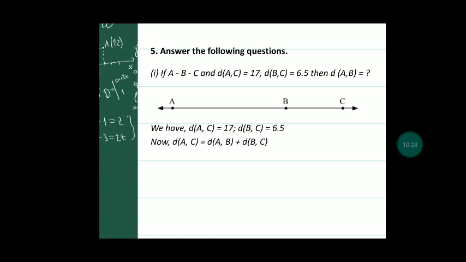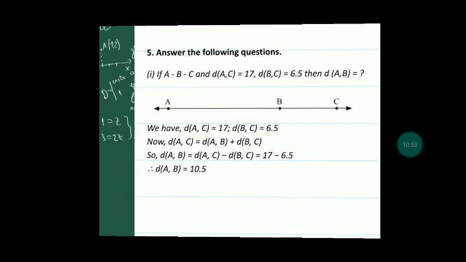Now distance of AC is equal to distance of AB plus distance of BC. So distance of AB is equal to distance of AC minus distance of BC, which is 17 minus 6.5. Therefore distance of AB is equal to 10.5.